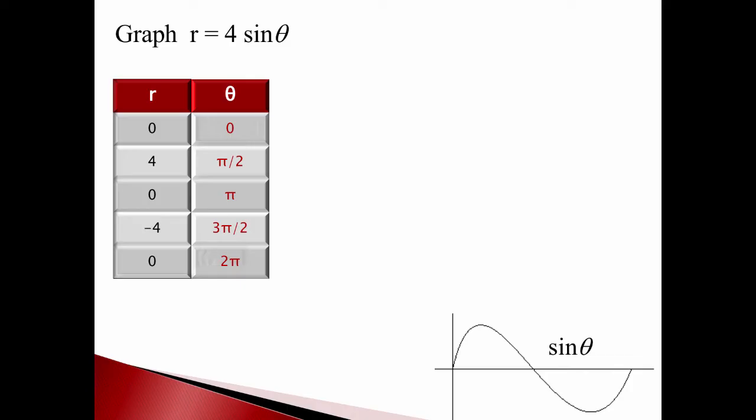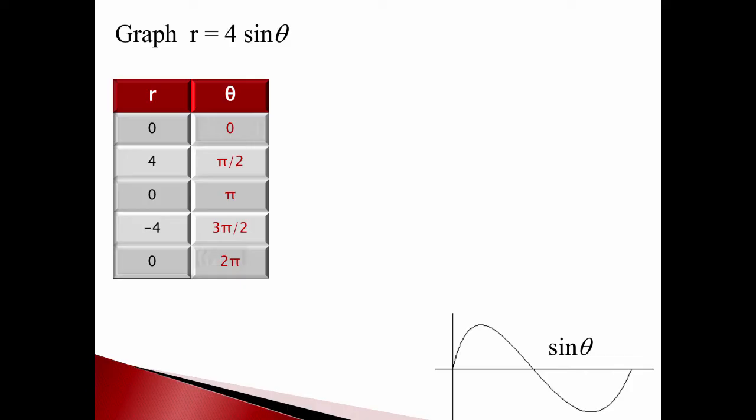So what in the world does this thing look like? Well, let's imagine before I reveal here. When theta is equal to 0, r is 0. As I swing my radar arm around, theta gets larger. Eventually the r gets up to 4. By the time I'm pointing at pi over 2, which of course is straight up, r is equal to 4.